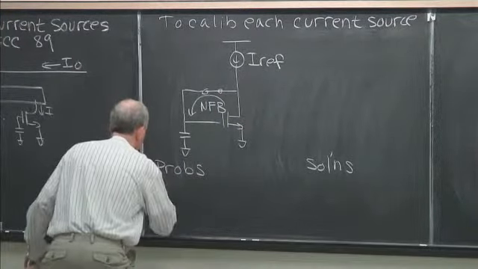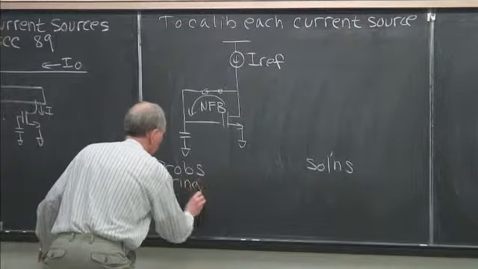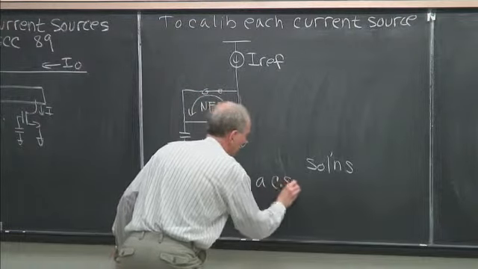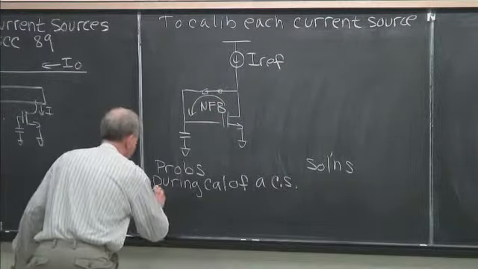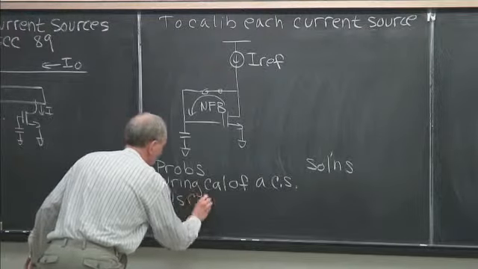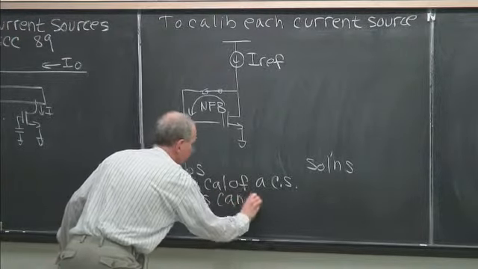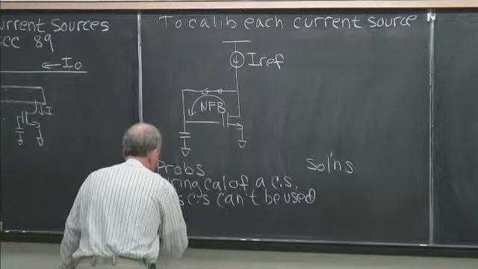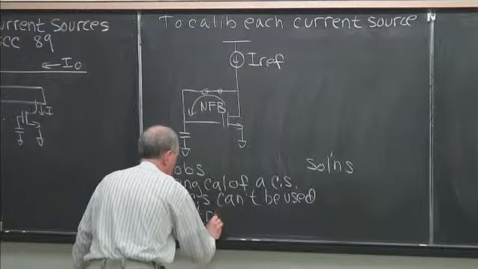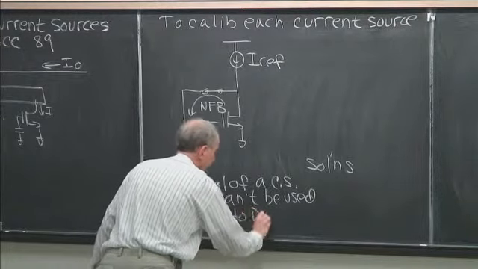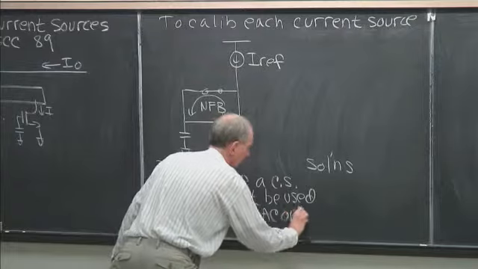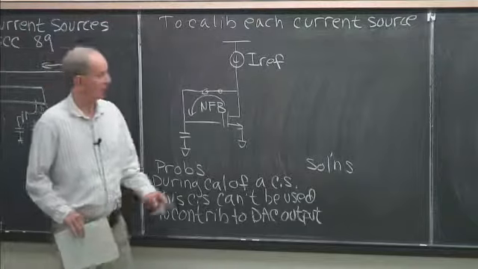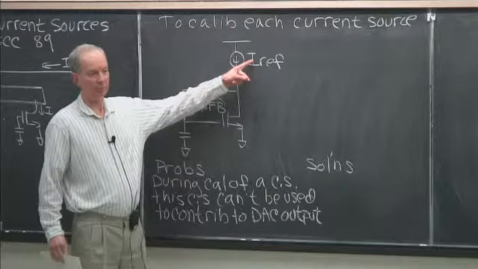So during calibration of a current source, CS is current source, this current source cannot be used to contribute to the DAC output. And that's because it's busy. It's busy getting programmed to this value.